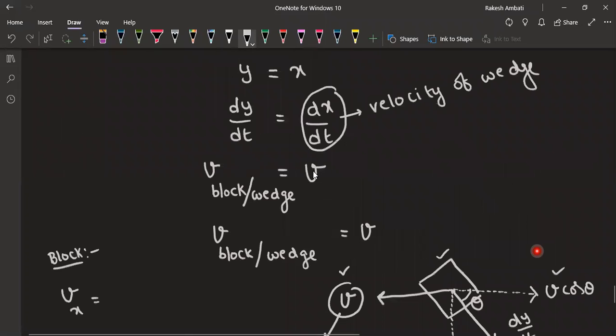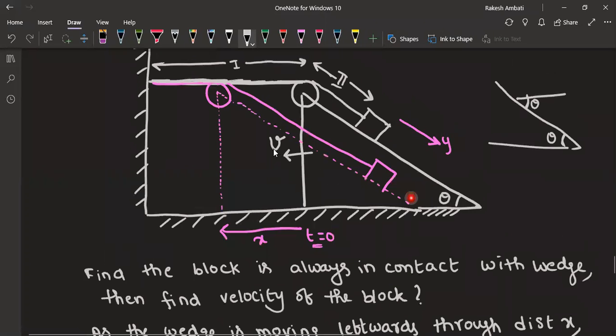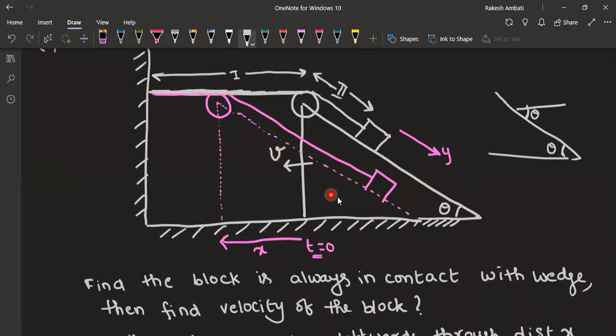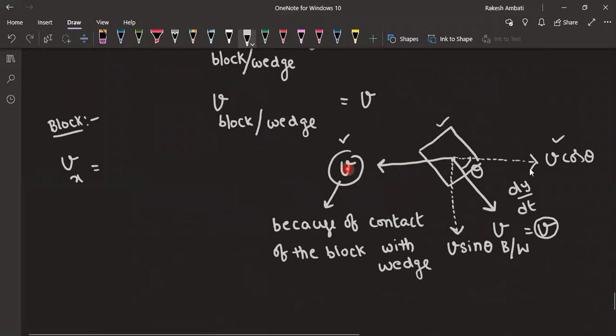Finally here, the wedge is moving with velocity v. So this velocity v is greater, and v cos theta is smaller, because we know cos theta is less than 1, so this value is less than v. Obviously the wedge velocity will be greater.